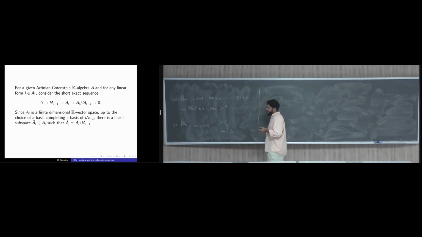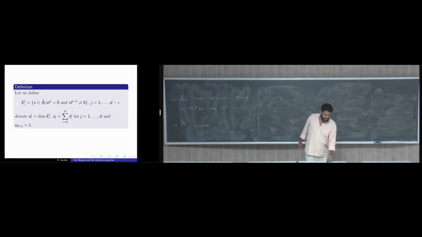Then I'm going to choose a basis of LAI and take a complementary basis and identify the co-kernel with a subspace of AI, up to a choice of complementary bases.